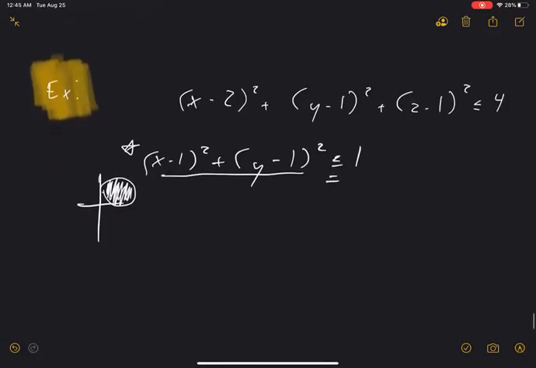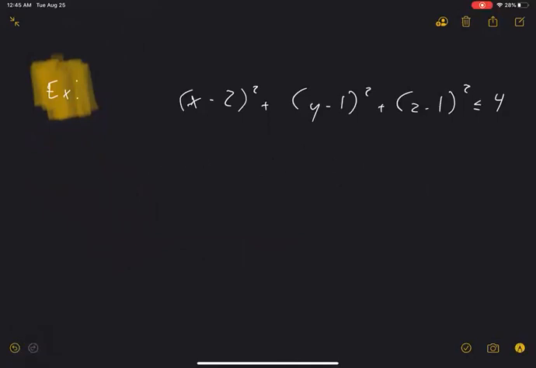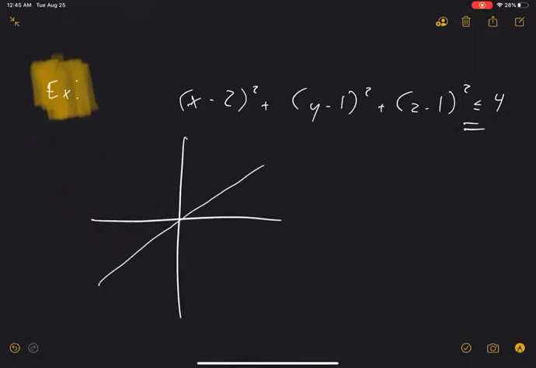Okay. Now let's take that idea and scale it up to 3 dimensions. Again, if this was an equal sign, what would this equation be? Okay, I'd have my 3 dimensions. It'd be a sphere with center at, let's say, x equals 1, y equals 1, z equals 1.